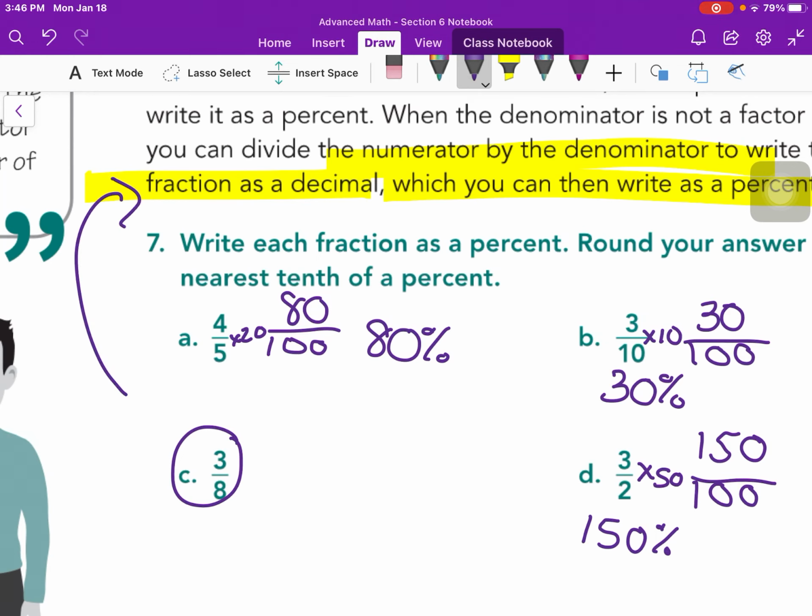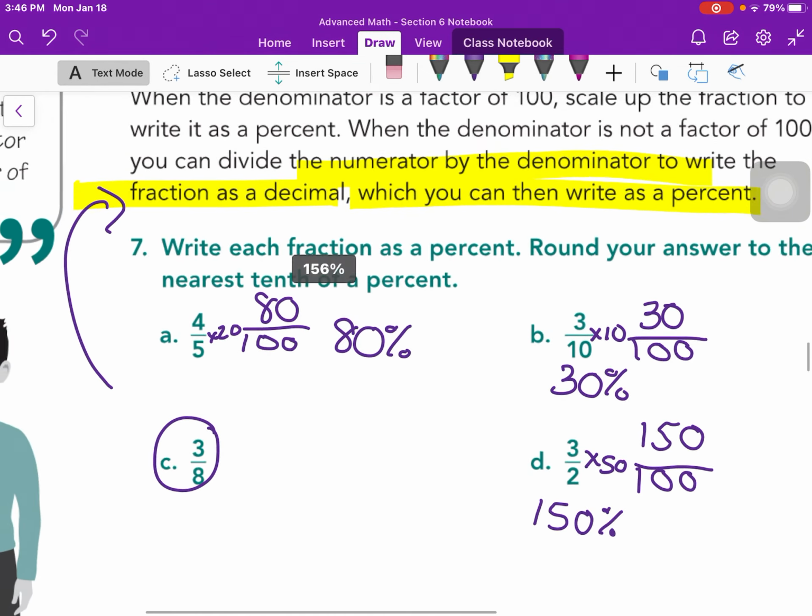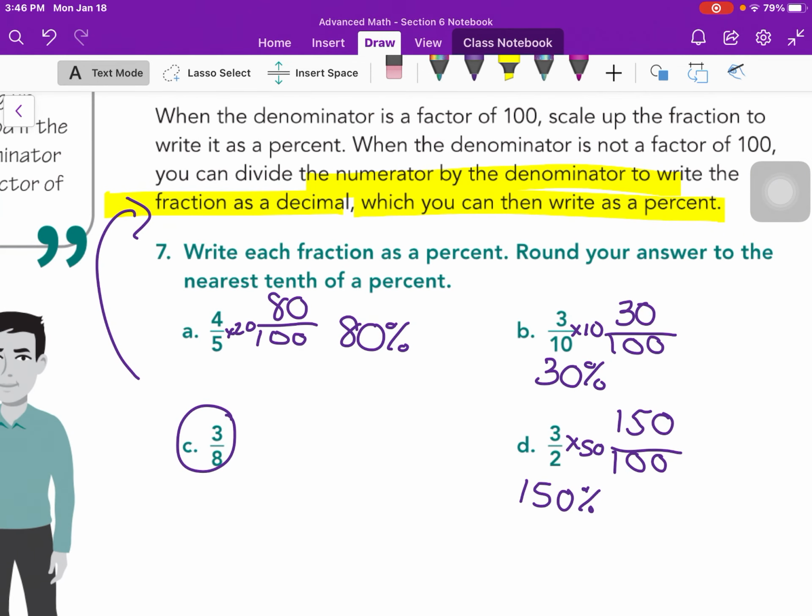When I'm looking at this one, I can't think of anything times 8 that would get me to 100. So I must have to do what they tell me up here, and I have to divide it. I remember that the 3 goes in the house, so 3 divided by 8. I can put my decimal straight up in my answer. 8 can't go into 3, but it can go into 30 3 times. 3 times 8 is 24.